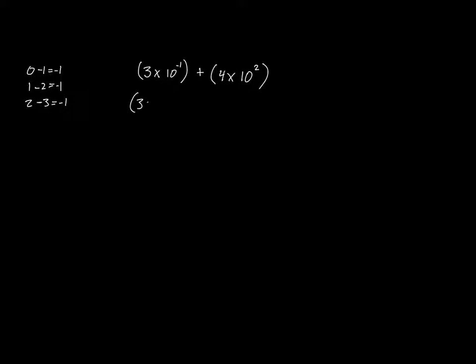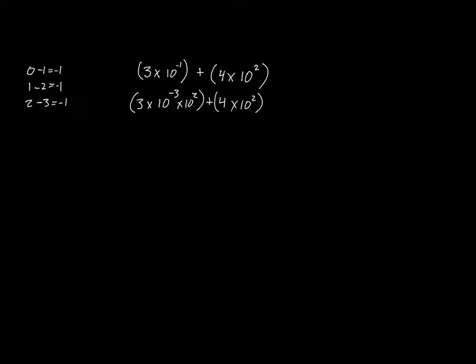So I have 3 times 10 to the -3rd power times 10 to the 2nd power plus 4 times 10 to the 2nd power. And keep in mind, 10 to the -3rd power times 10 to the 2nd power, we add the exponents and we will get -1.